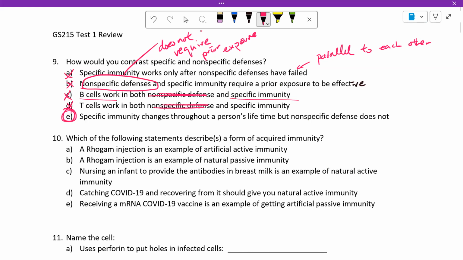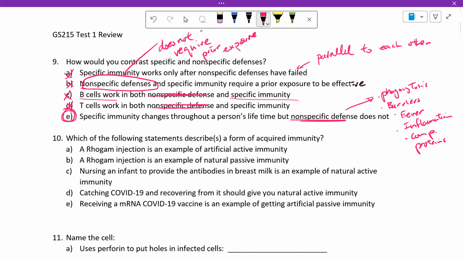That's the answer. Okay, remember, non-specific are things like phagocytosis, barriers to entry, right? Fever, inflammation, the fine things, right? And complement protein. These don't change.